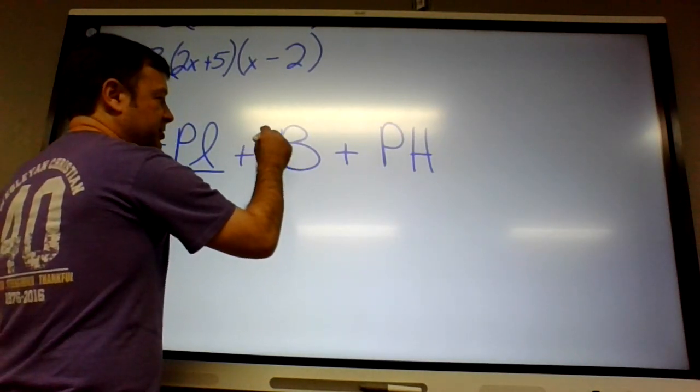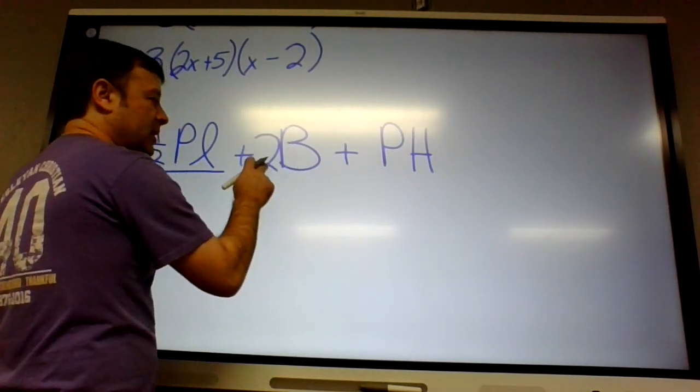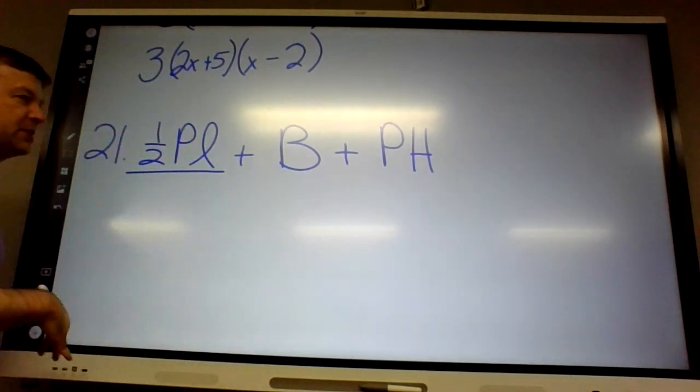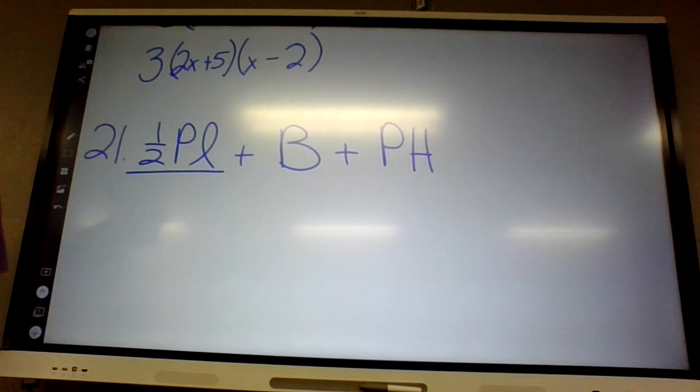Usually on prisms we have 2B, right? But why did I say it's not 2B? Because the top of the prism is inside the house, it's not really on the surface. Okay, anyways, guess we'll start with this.